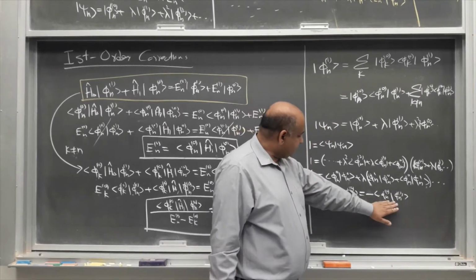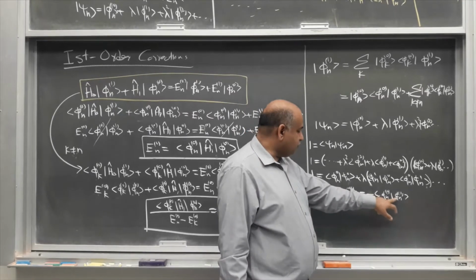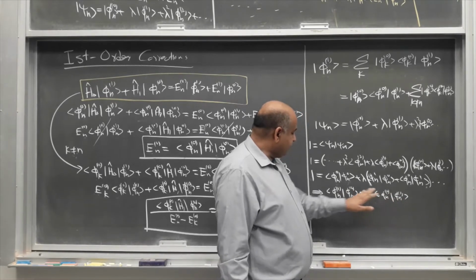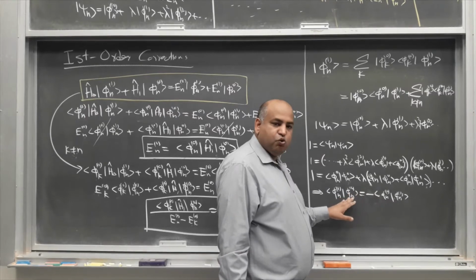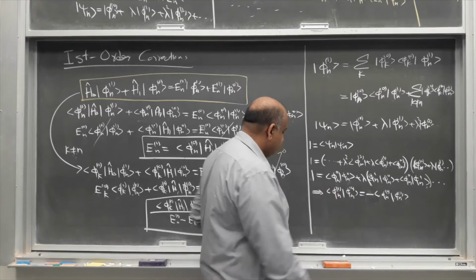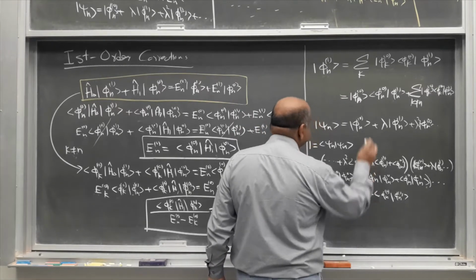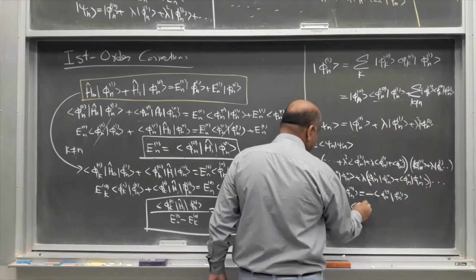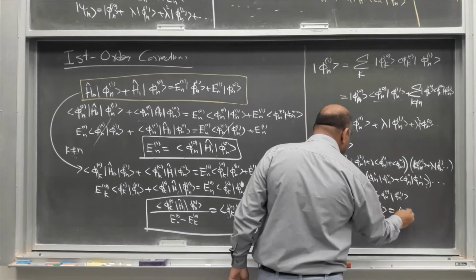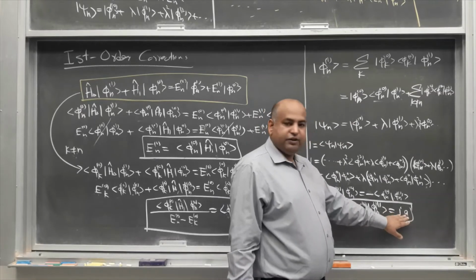And since this is the complex conjugate of this number, and we know that the complex conjugate of a number is equal to the negative of that number only if that number is purely imaginary, this term that we were looking for has to be some iota times a real number.